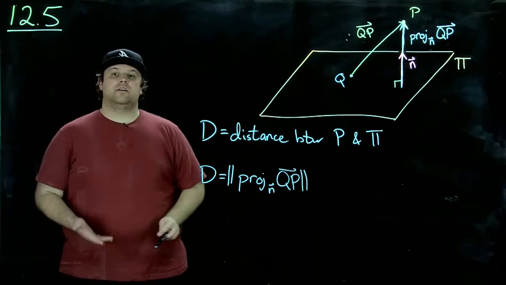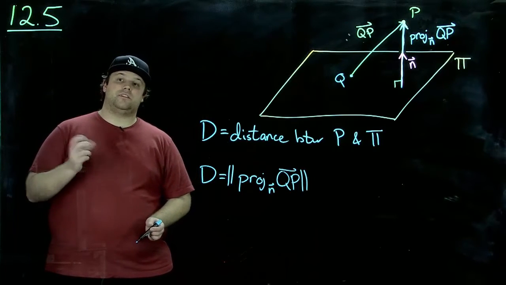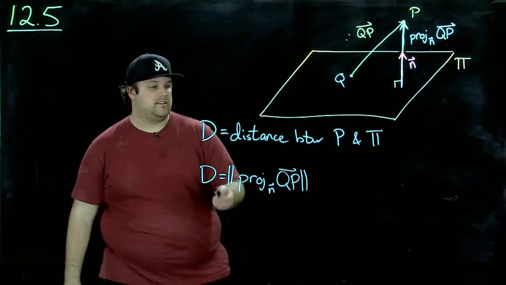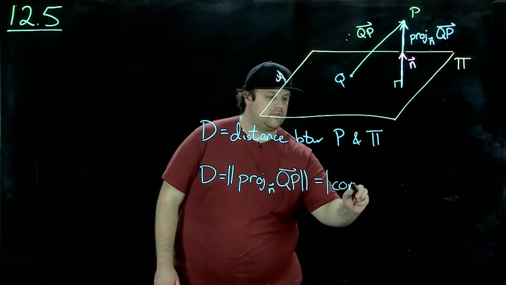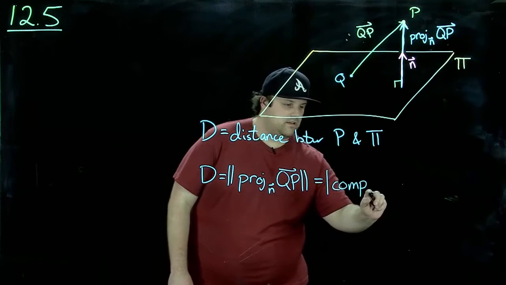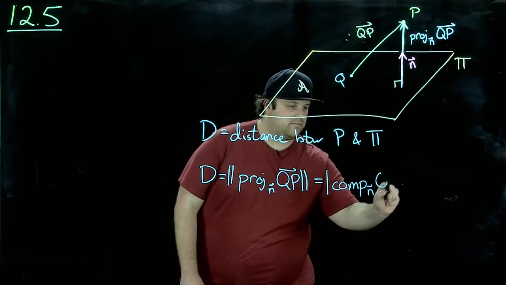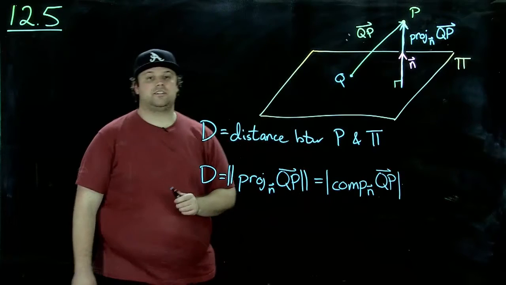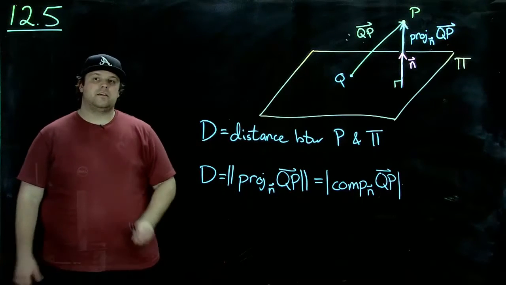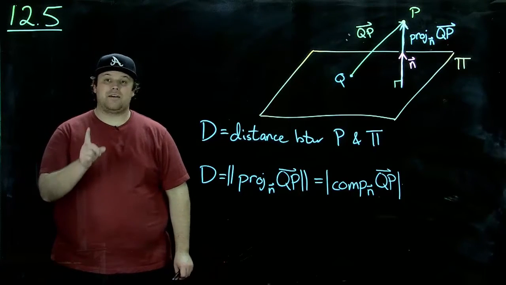Right? You might remember from the dot product section that this is also the absolute value of what's called the component of QP in the direction of n. What's more important is remembering how to compute this.